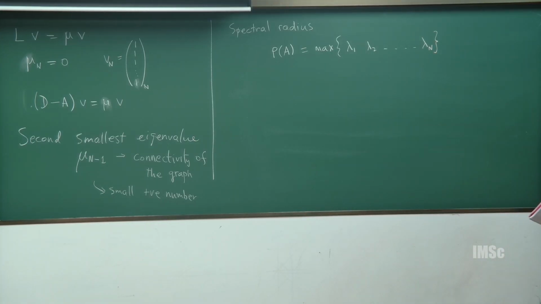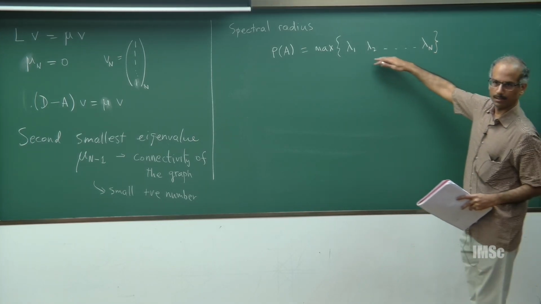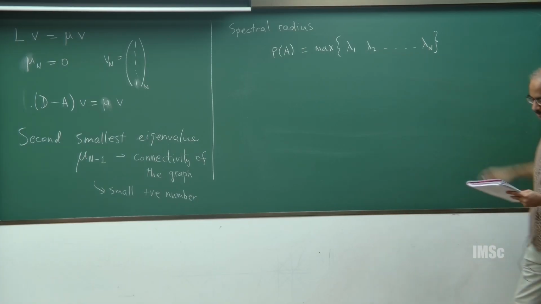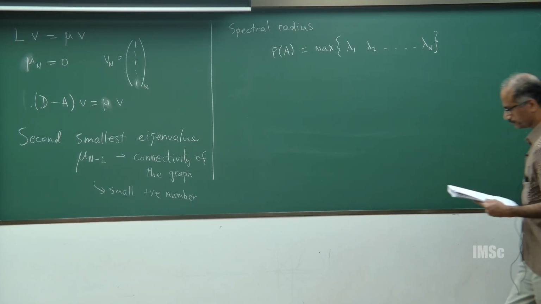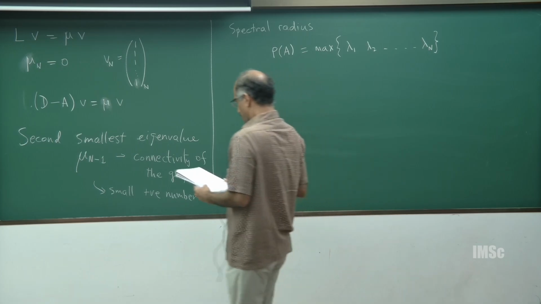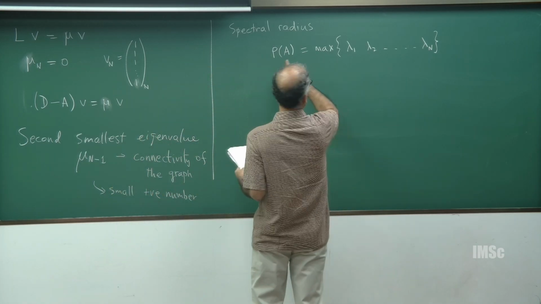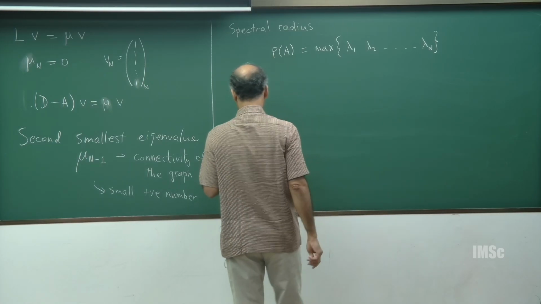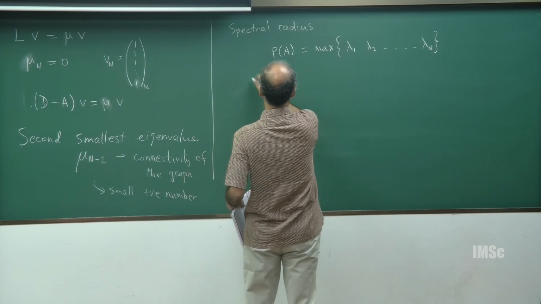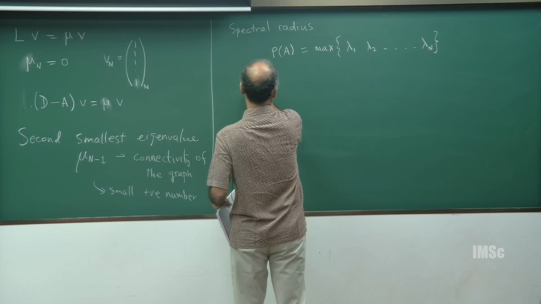In general, if these eigenvalues are complex numbers, then you take the modulus of them. And the eigenvector corresponding to the largest one is called the principal eigenvector.